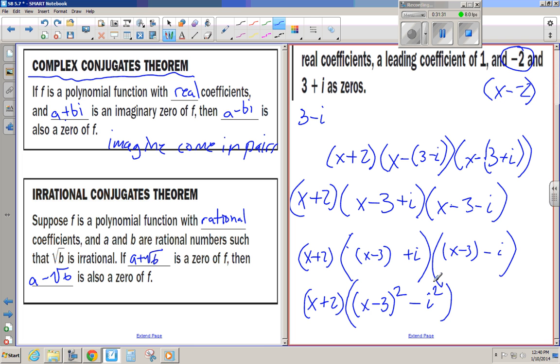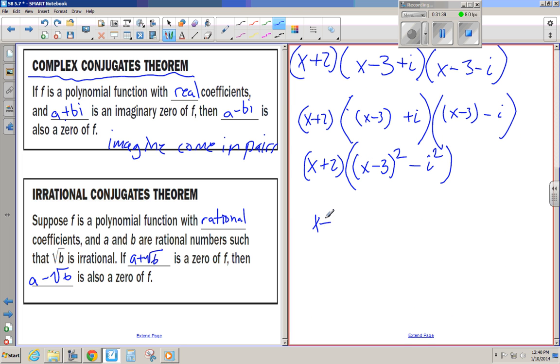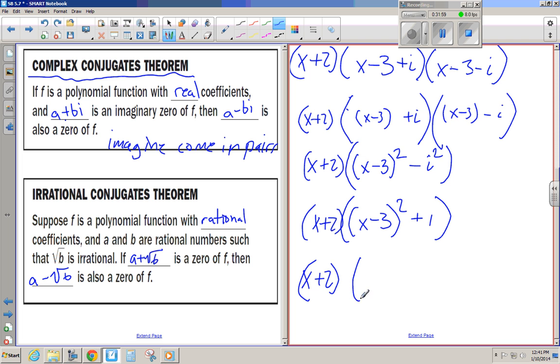And of course, i squared, if you remember from a long time ago, is just negative 1. All right, so we're going to do a couple more of these, but we're not quite done here. x minus 3 squared is x squared minus 6x plus 9 plus the 1.